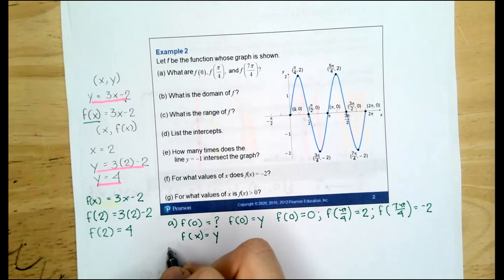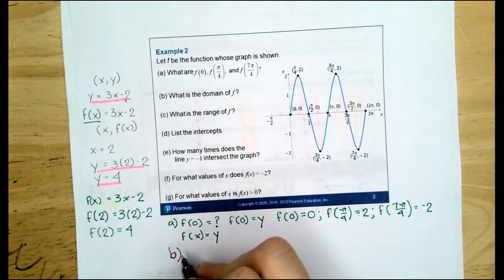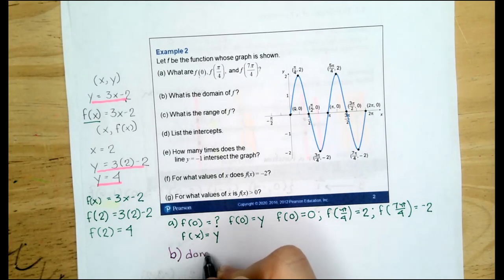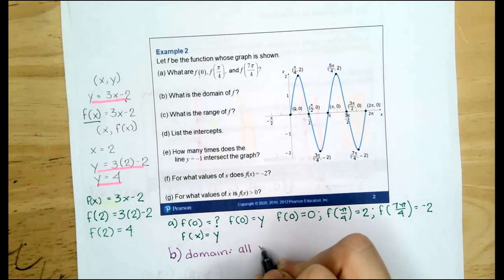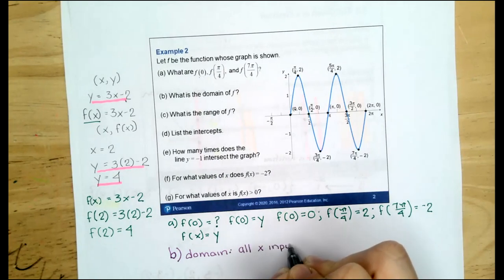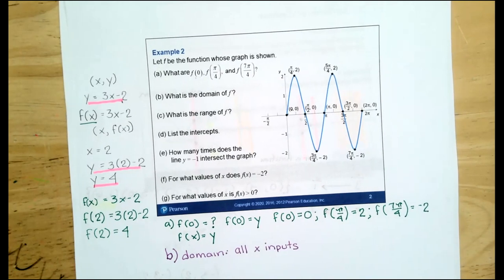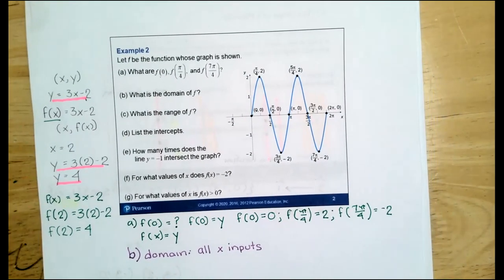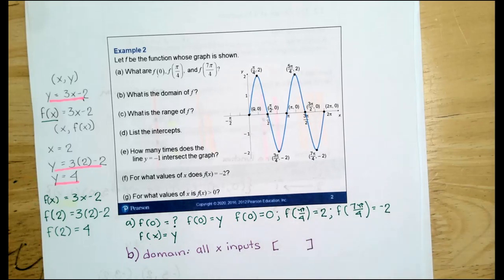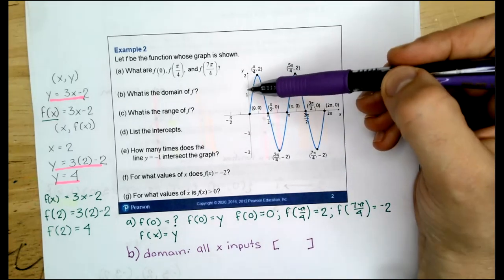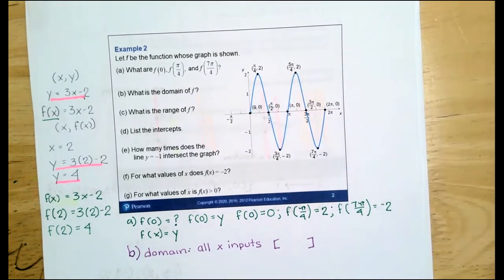B asks, what is the domain of f? Right? What does domain mean? Domain means all x inputs. Because this is a line, it's not going to be a list of inputs, it's going to be a continuum of inputs, okay?